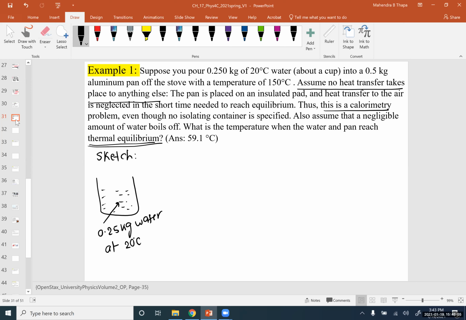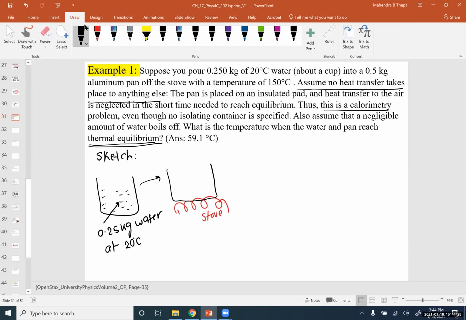This bucket is placed over the stove. So we put this bucket on the stove. Okay, this is the stove. We put this pan over here. This is the same pan.